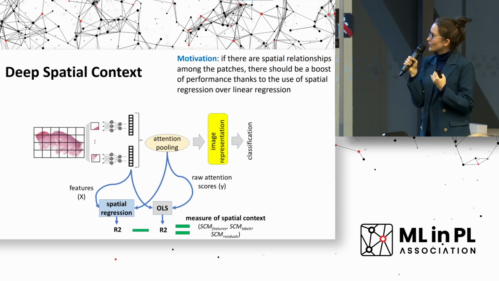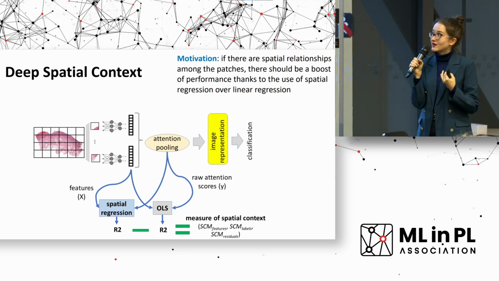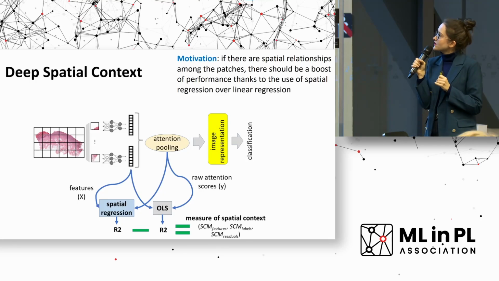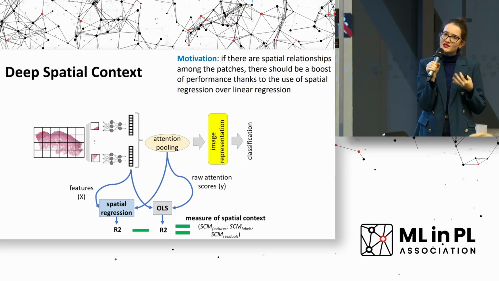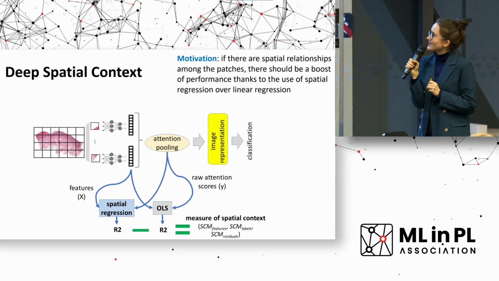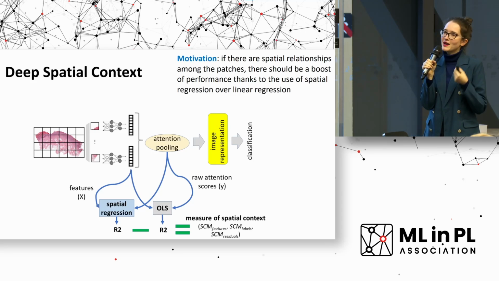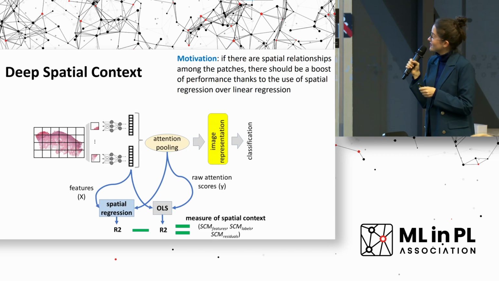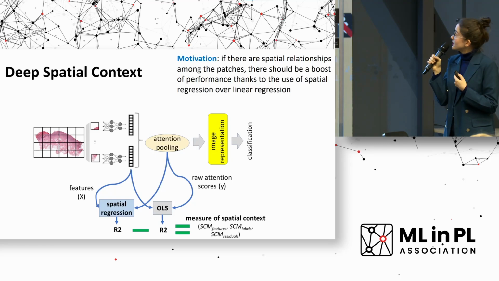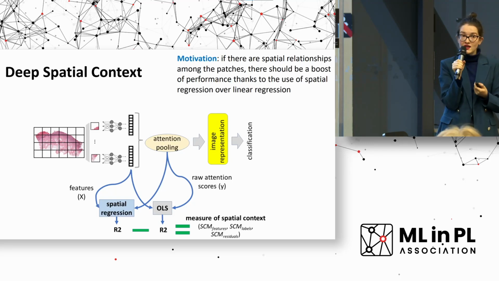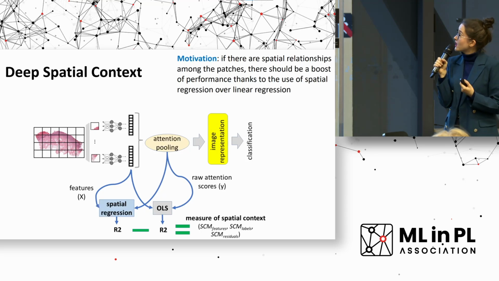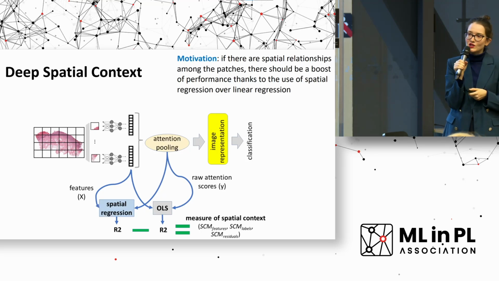And we are going to get some performance metrics later on, and we want to compare them. So is there any boost when we apply spatial regression over linear regression? Because if there is a positive boost, it means that spatial regression is important, so that the spatial context actually matters. And this is the idea. And this difference between the two performance metrics is actually something that we call the measure of spatial context. And we have three different types because of the three different spatial regression models that we use.